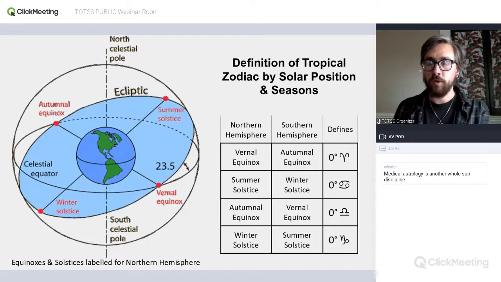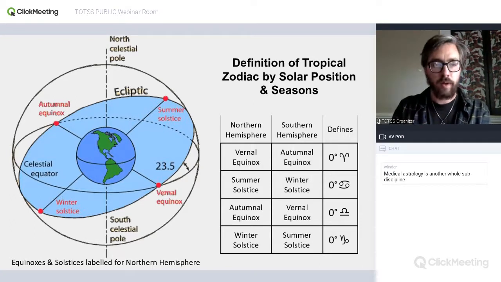Then each quarter is further divided into 3 equal sections, giving individual signs. So 0 degrees Aries, the very beginning of Aries, is defined as the vernal equinox point. The 30-degree arc following from that is Aries. Then the middle of this arc, the middle of spring, is Taurus, and the end of spring is Gemini. The summer solstice point is 0 degrees Cancer.